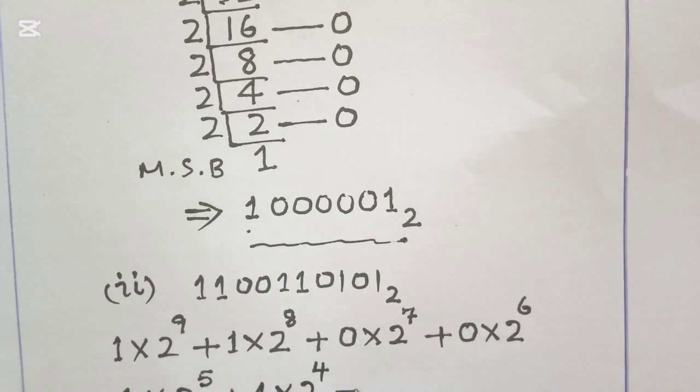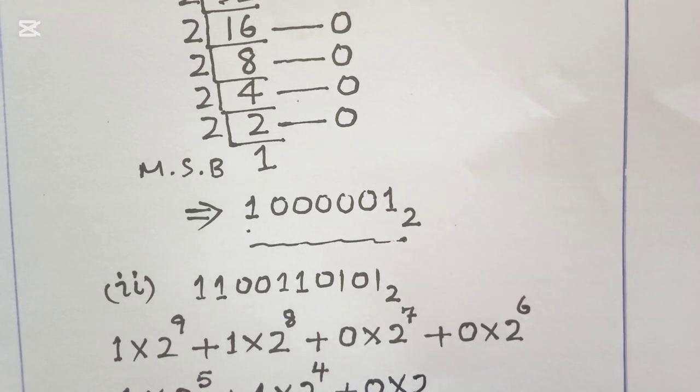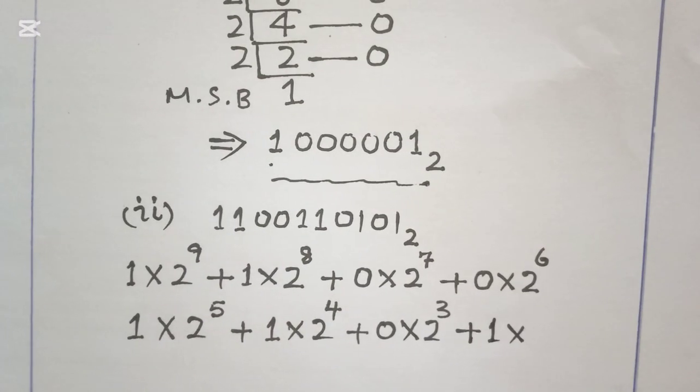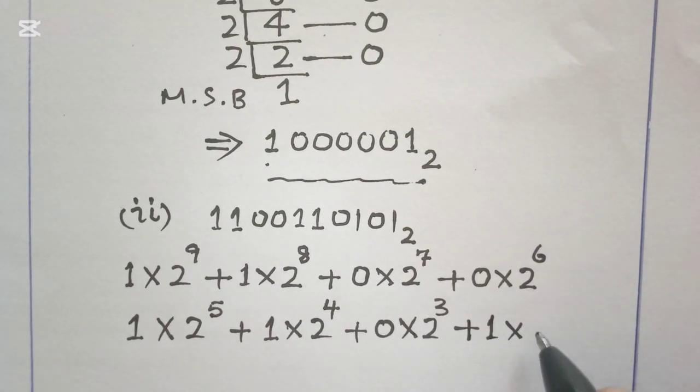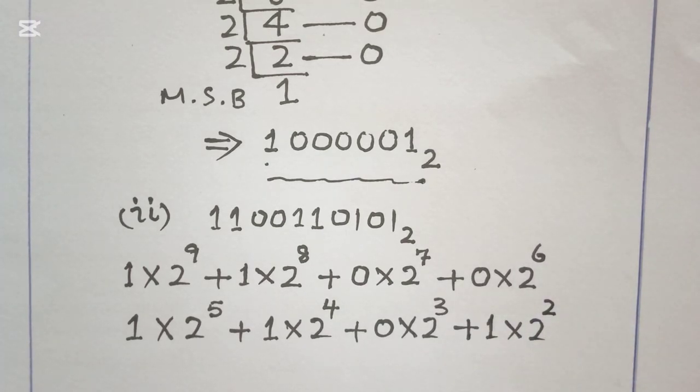Then we come to 0, 0 times 2 raised to 3. We come now to 1 again, plus 1 times 2 raised to 2, like that.